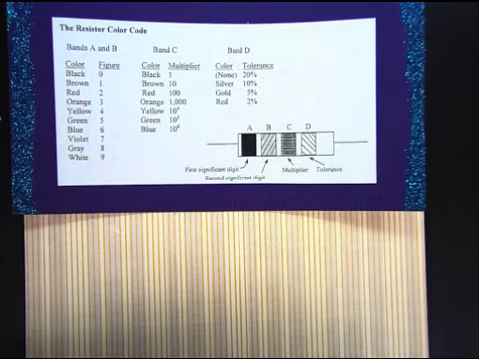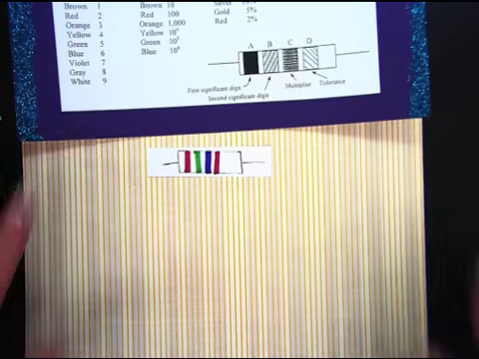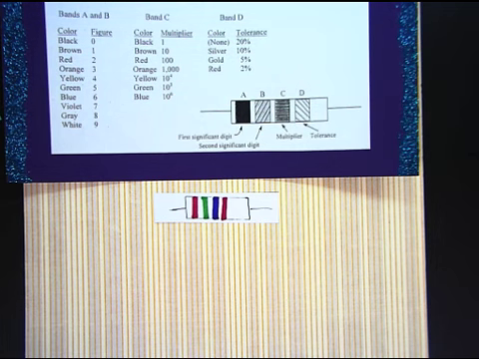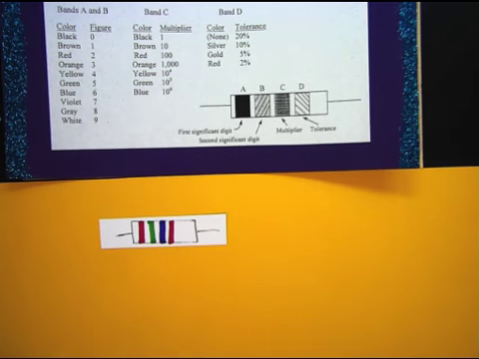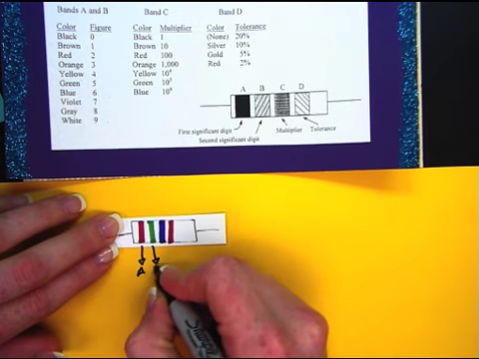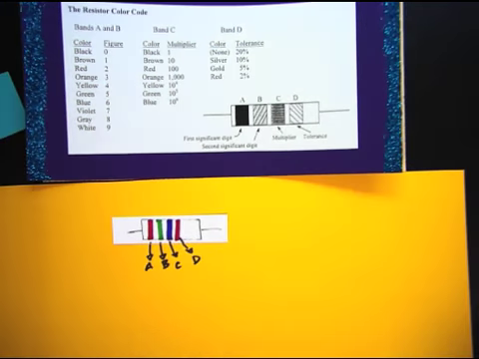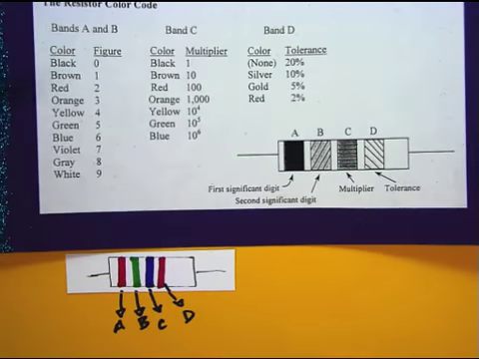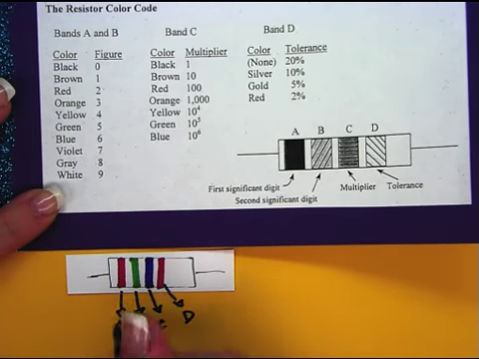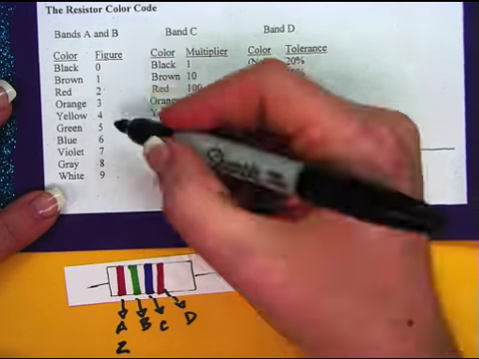Now let's talk about how to look at our resistors. There are different color bands on our resistor that allow us to calculate its resistance. Let's identify these as A, B, C, and D. If you look in your lab manual on page 7, you'll see this color code.